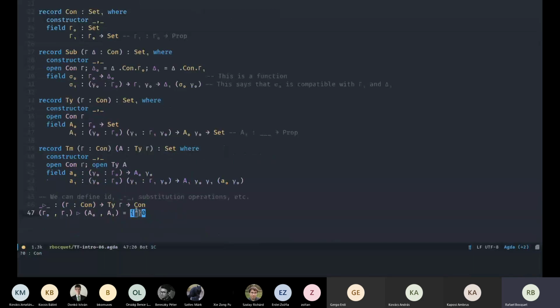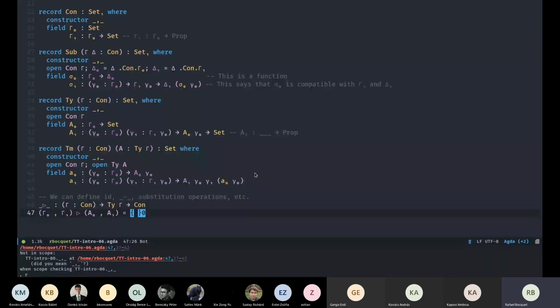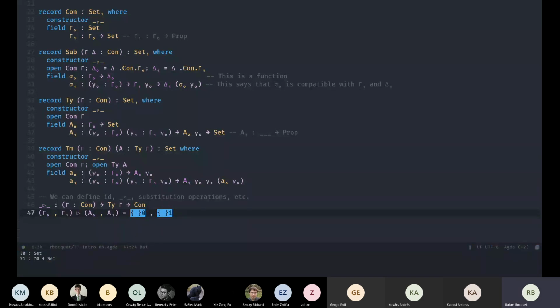Okay, and then how is this context extension defined?